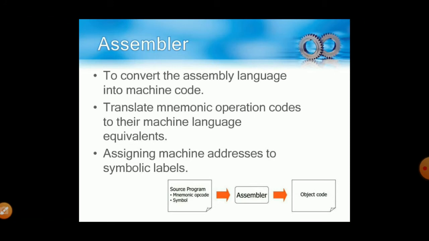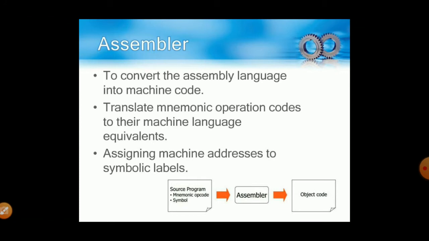So when we write any program in a second generation language, that is assembly language, the program needs to be converted to machine code. And what is the name of the program which helps us convert it? That is the translator program, that is the assembler.